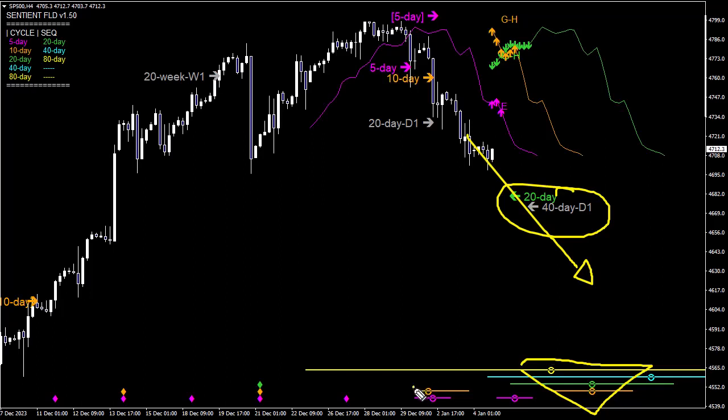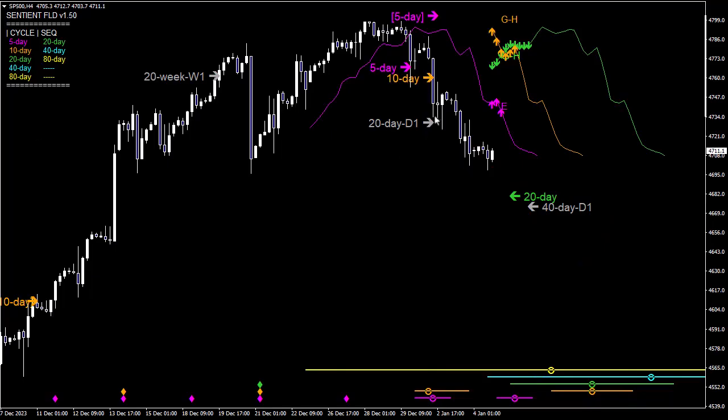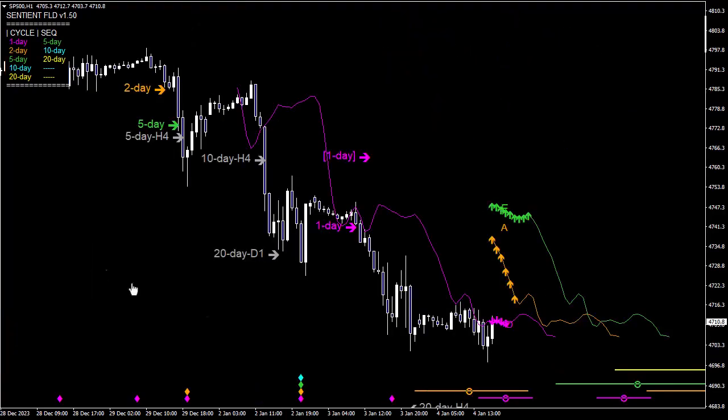According to this analysis over here, we have a 10-day cycle trough that is actually lying in the past, and you can see it was expected over there. Quite possibly that is the 10-day cycle trough over there. But there is not enough detail on this 4-hour chart for us to determine that the 10-day cycle trough has formed. When we step down to the next shorter time frame, the hourly chart, you can see that we have a neat stack of diamonds below that price low that I pointed out a moment ago.